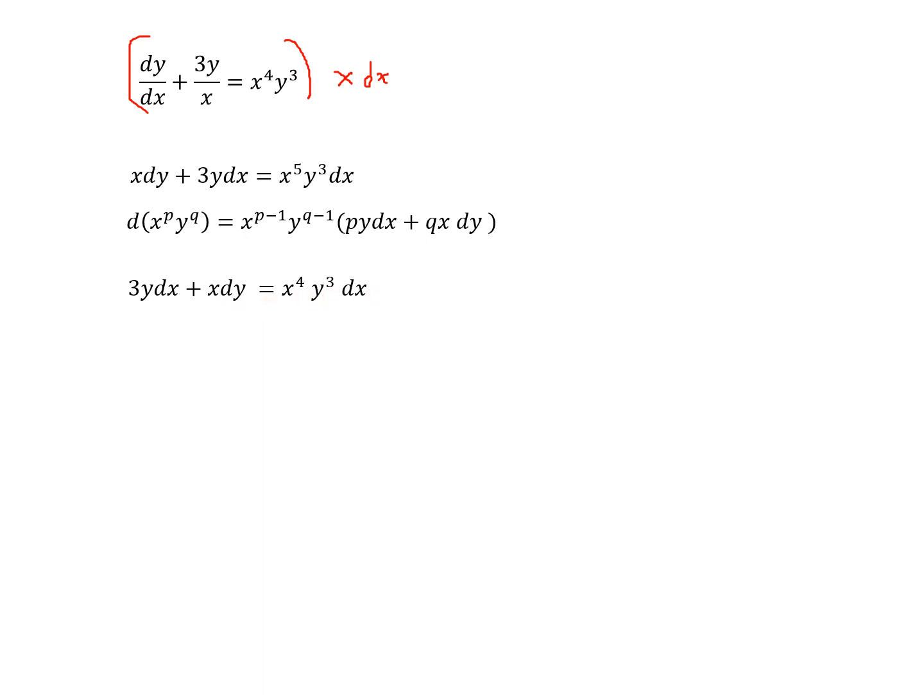You see that this is our p, and this is our q. So your p is actually 3, and your q is actually 1. So we can now use this special formula.